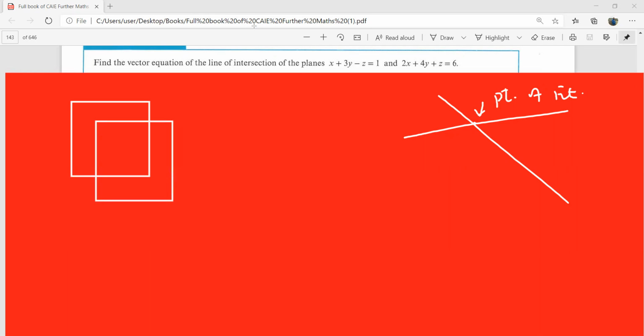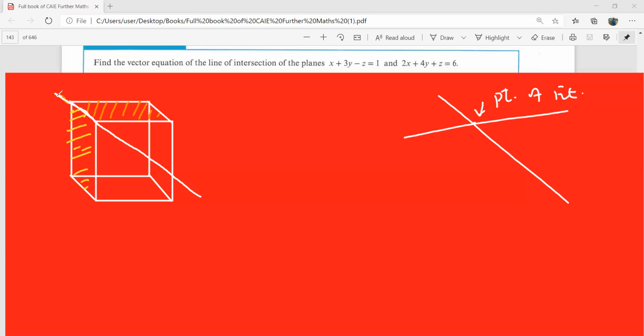If I talk about this plane here, and then I refer to this plane here, you can see that this is the line of intersection of these two planes.